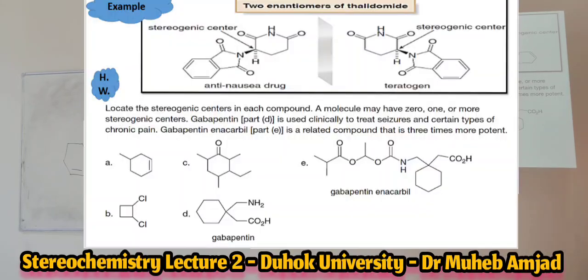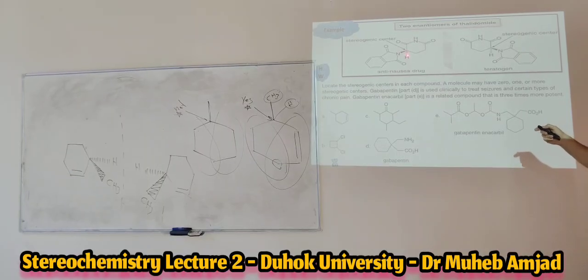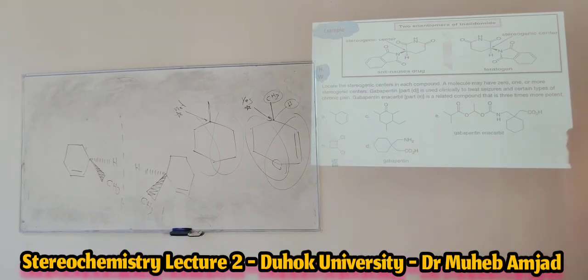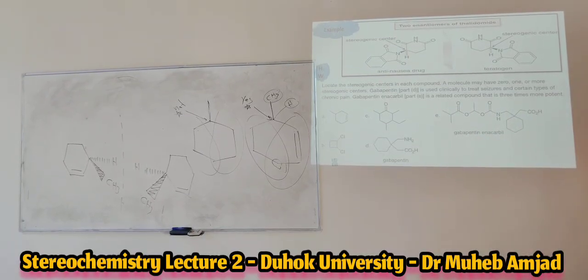Now, this compound has one stereogenic center. Where is it? Here. Not this CH2, not this CH2. This is sp2, not all of this. We have just one stereogenic center here, and it can be found as two enantiomers.